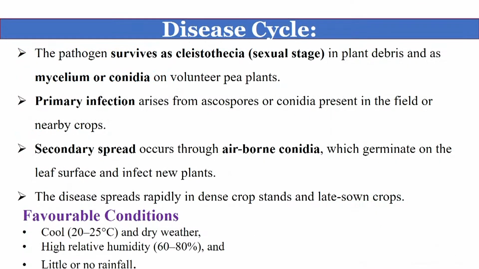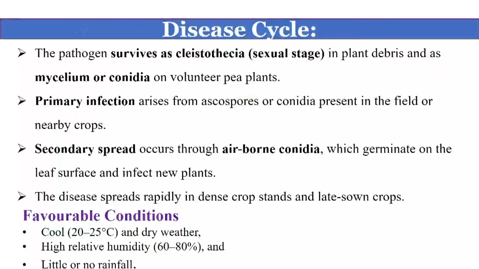And dear learners, the disease cycle: how the pathogen circulates year by year. The pathogen survives as cleistothecia, which is the sexual stage of this pathogen, in the plant debris, and as mycelium or conidia on volunteer pea plants.